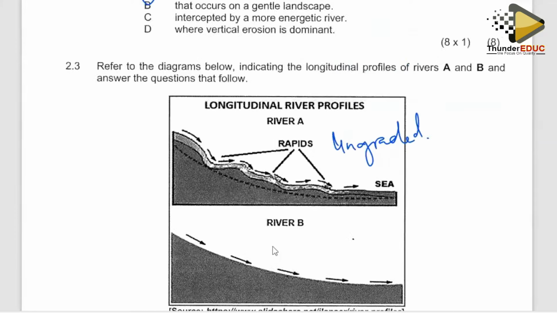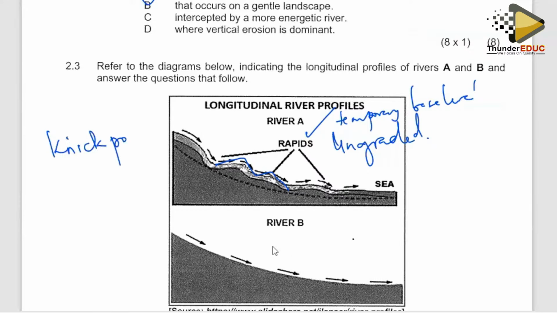It's ungraded because it has rapids, which are temporary base levels. The presence of rapids is giving us some nick points. We have rapids which are giving us nick points along the channel. It's ungraded.